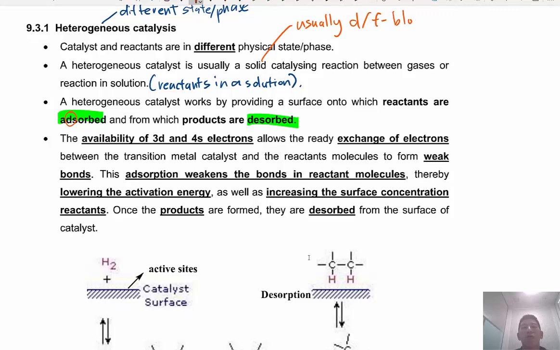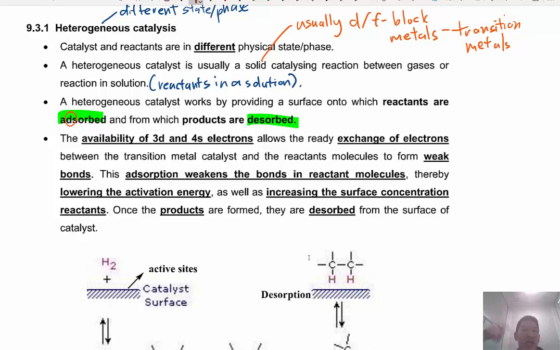F block also. So they allow the ready exchange of electrons between transition metals. Okay, because D and F block metals, these are what we call transition metals. You'll learn this in J2, near the end of the syllabus.